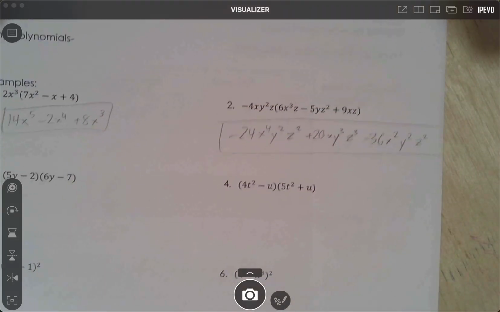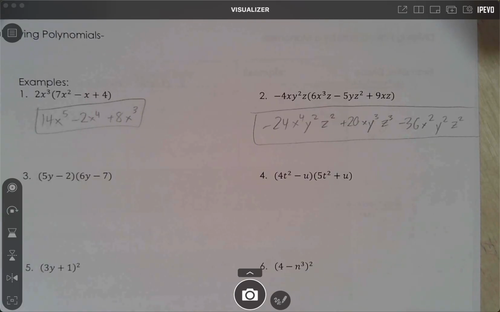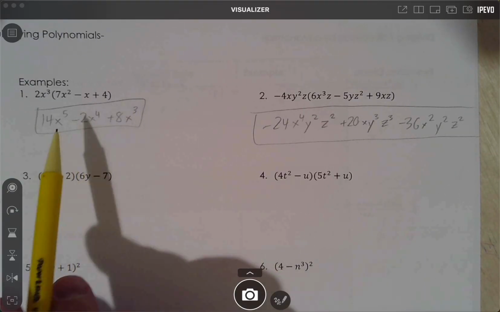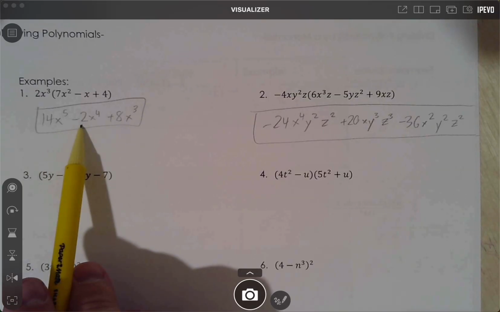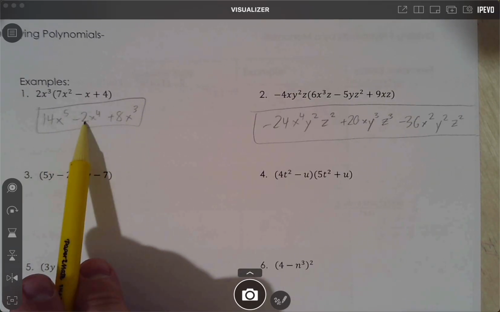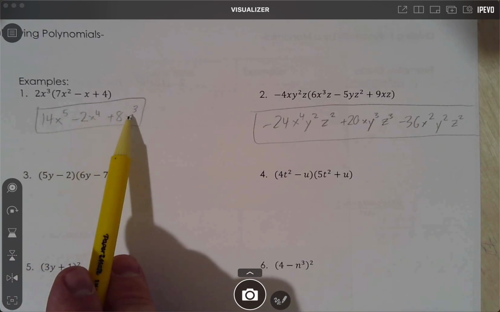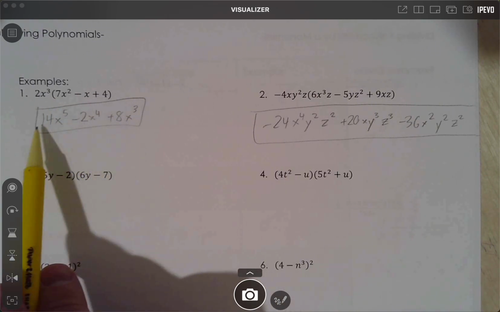So, the thing to say early on, just to hopefully not scare you, but let you know where we're going, is what we're about to do in chapter 6 is how to see this the opposite way. So, how to see 14x to the 5th, negative 2x to the 4th, and 8x cubed, and realize, oh, each one of those coefficients shares a 2, and each one of these exponents has at least an x cubed in it that we could factor out.